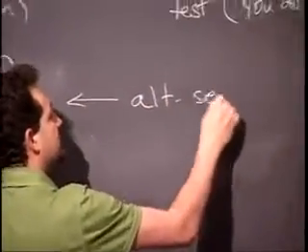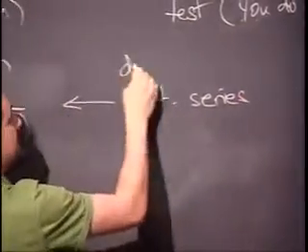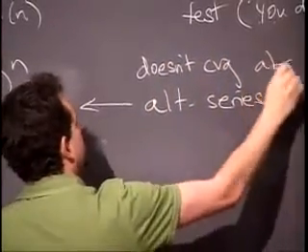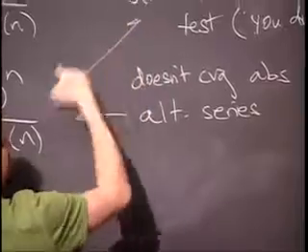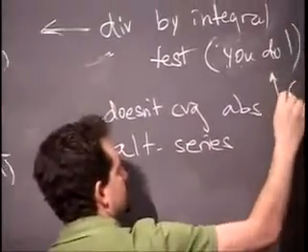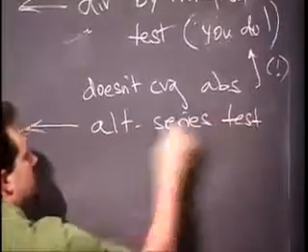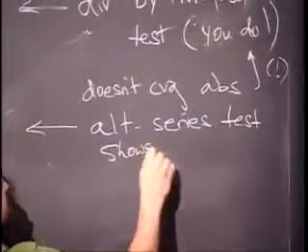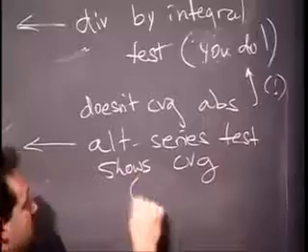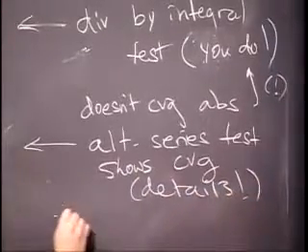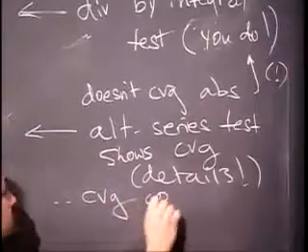Alt series test: it doesn't converge absolutely because of this, but the alternating series test shows it converges, and you do the details again. Therefore, it converges conditionally here.